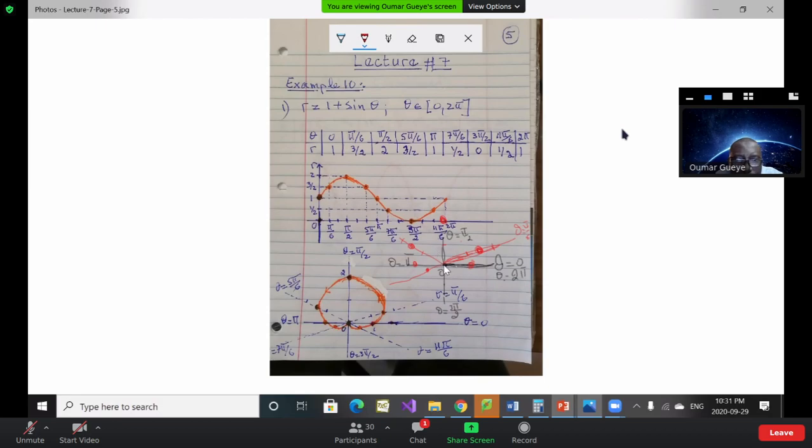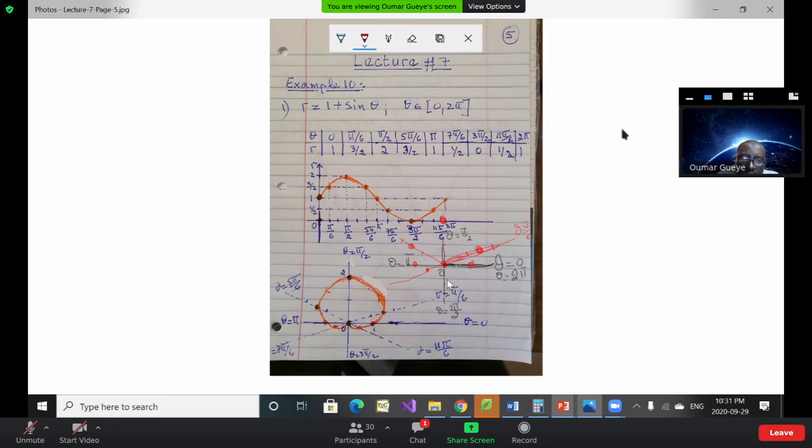When r is 0, it means the point coincides with the pole, because at the pole, r is 0. I told you, r represents the distance between the point P and the pole. If that distance is 0, it means the point and the pole coincide. And the other values are going to be similar.